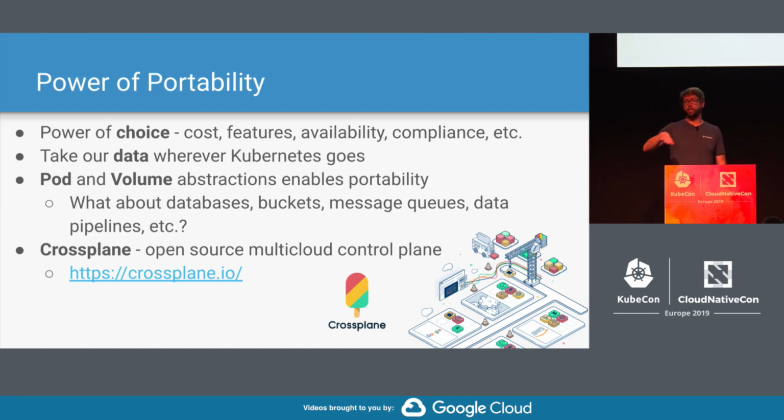It could be EBS, it could be an Azure disk, it could be Google Persistent Disk, or it could be Ceph RBD, it doesn't matter. The pod doesn't have to know, and the pod doesn't have to change either to use that volume, right? So those are great abstractions, pods and volumes.